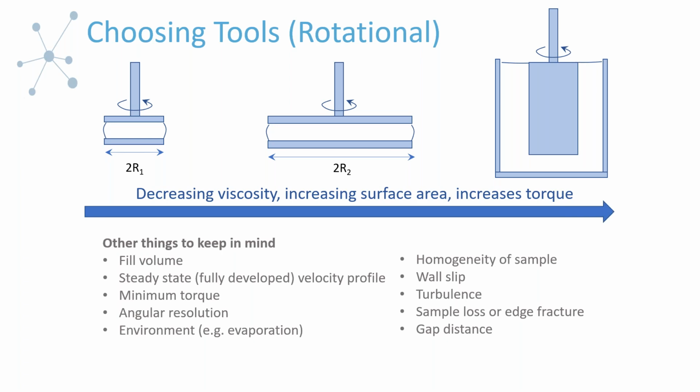And then as your viscosity decreases, you would want to increase the size or dimensions of your tool. That could be choosing a larger diameter parallel plate or cone and plate, or ultimately moving to what we refer to as a couette or a cup and bob. But the general thing is that as you decrease viscosity, you want to choose a tool that has an increased surface area, which is going to increase your torque, and then make sure that you're able to do measurements within the lower torque spec.